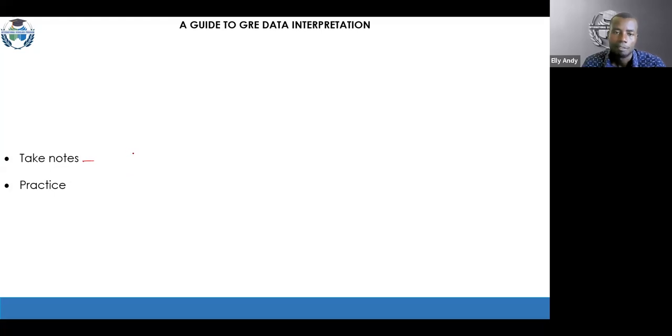Because you'll have rough work and a marker in the test, just jot some things down so that when you are doing your calculations, you work with the accurate info. And remember, lots of practice will help you to cement these things in your brain. The more you practice with these strategies, the better you will become at them.